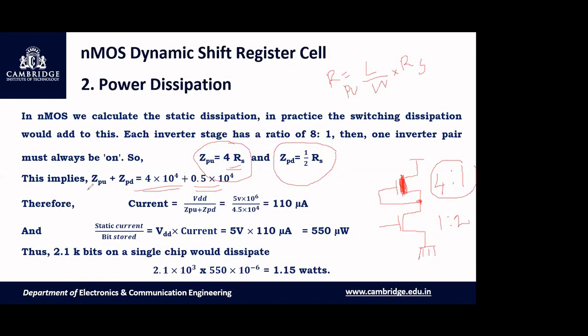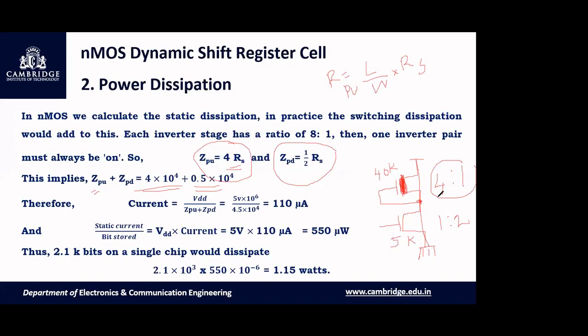Instead of taking R, I have taken Z, considered as impedance. That's it. Here the total impedance is 45K. The upper transistor has a resistance of 40K, and the lower one has a resistance of 5K.